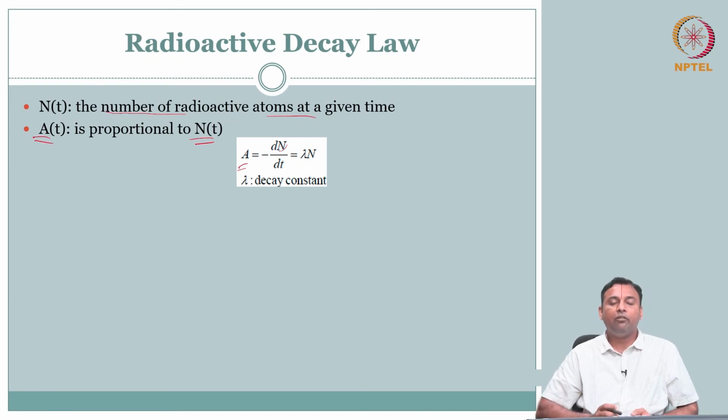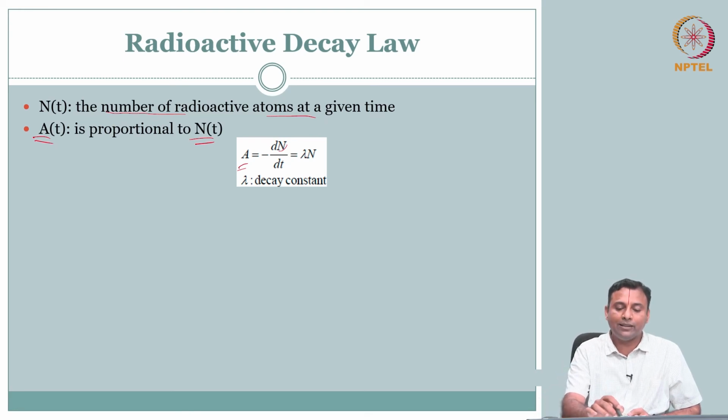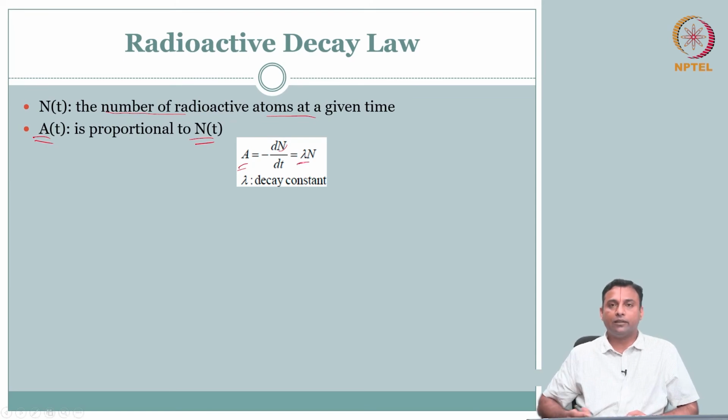So you have rate of change, so your radioactivity is the number of disintegrations, right. So in time how many atoms change. So A is equal to minus dN by dt, right, is equal to lambda N. So lambda is your decay constant.